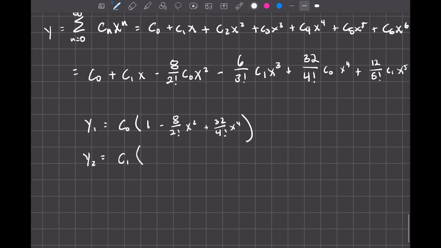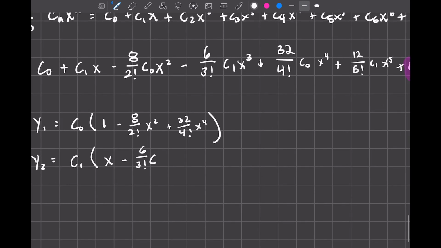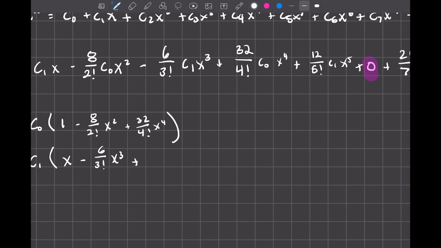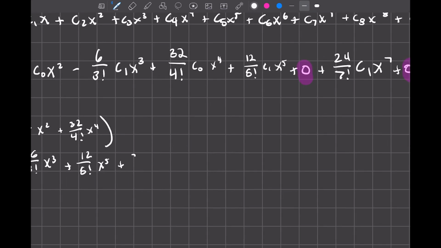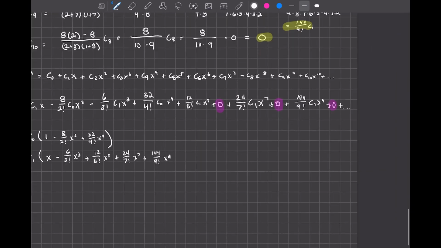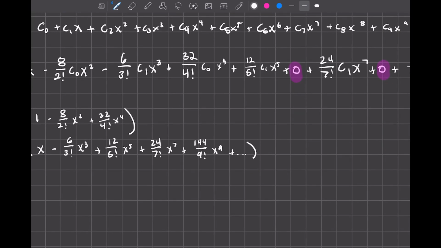And we'll plug in everything that has a c sub 1. Now this will actually continue on infinitely.